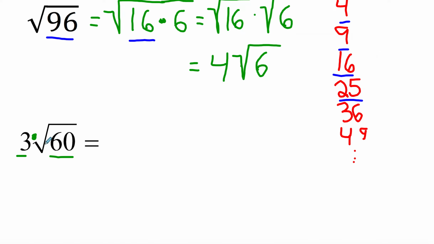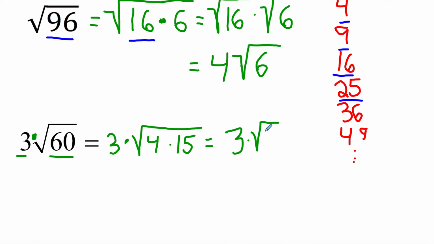So I'm going to rewrite this as, remember this 3 is out here, 3 times the square root of, I'm going to rewrite 60 as 4 times 15. And now I can rewrite this as 3 times root 4 times root 15.